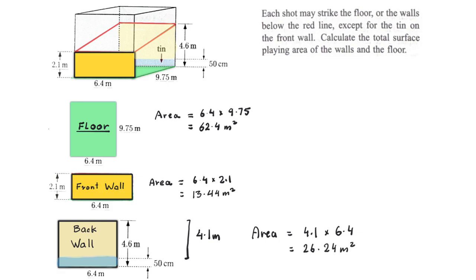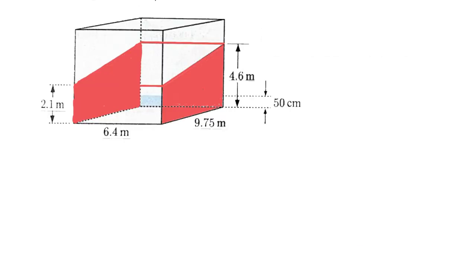So far we had rectangular areas, but now we come to the side walls. The side wall is not rectangular. The 2 side walls are identical, and we can redraw them, at least one of them, to look like this.